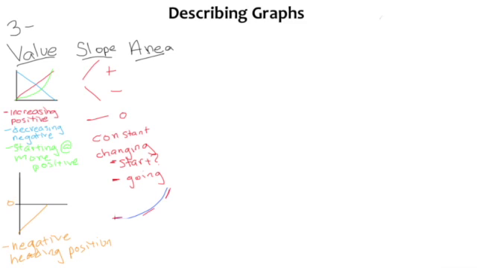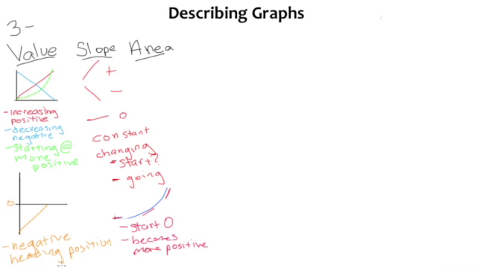That's just extra, because I'm not reading the value. All I'm reading is the line and what's going on. So I would describe this as starting at 0 slope, and then it becomes more and more positive.